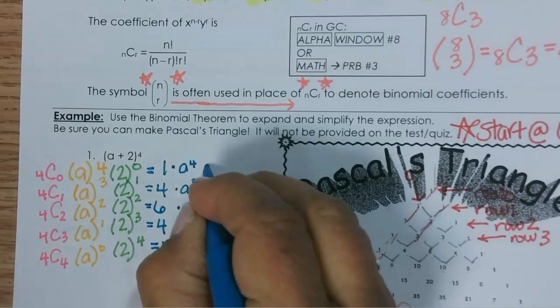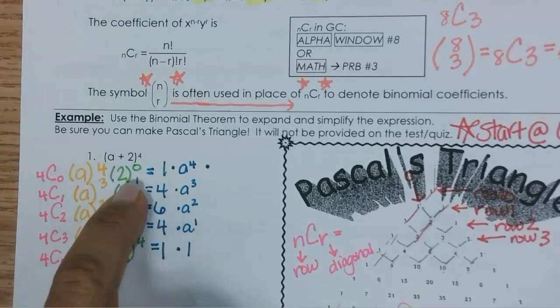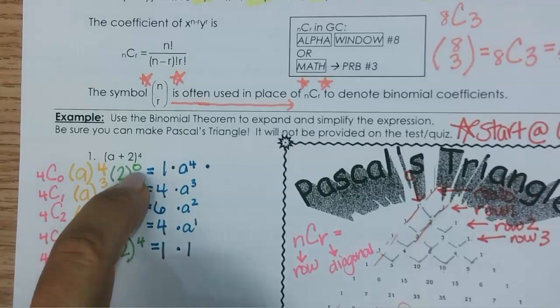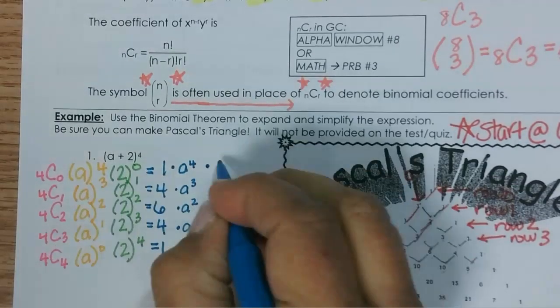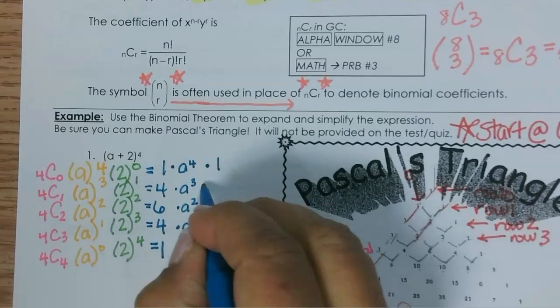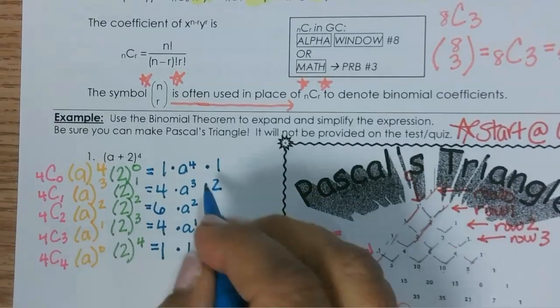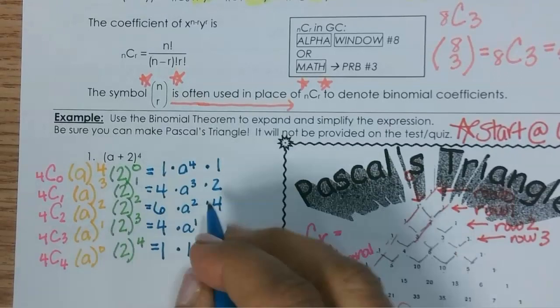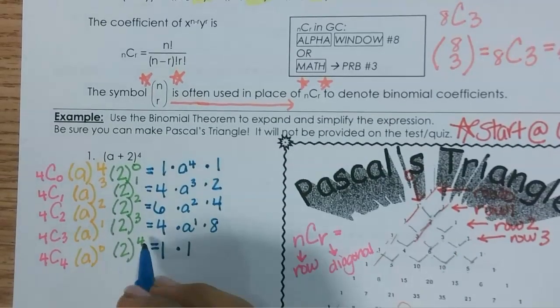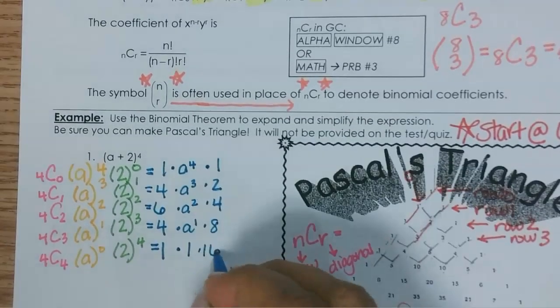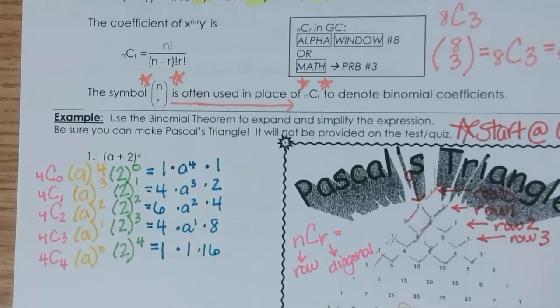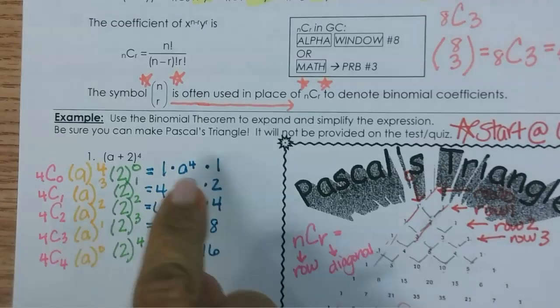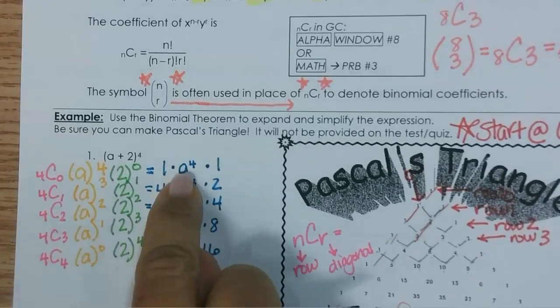And now I can multiply 2 to each of these powers. 2 to the 0 is 1, 2 to the 1st is 2, 2 squared is 4, 2 cubed is 8, 2 to the 4th is 16. And now that you have what to multiply, we are going to multiply. We're going to take 1 times a to the 4th times 1.